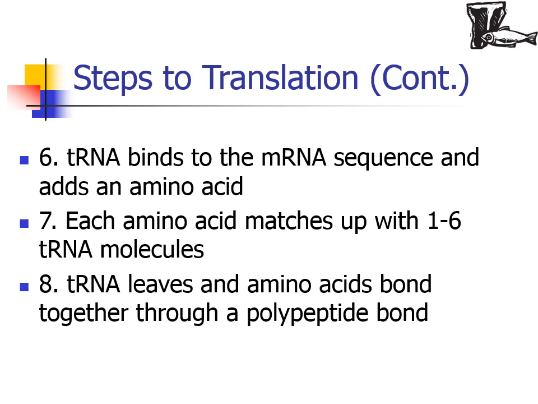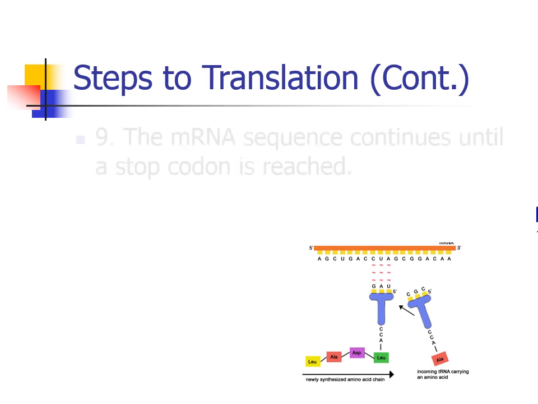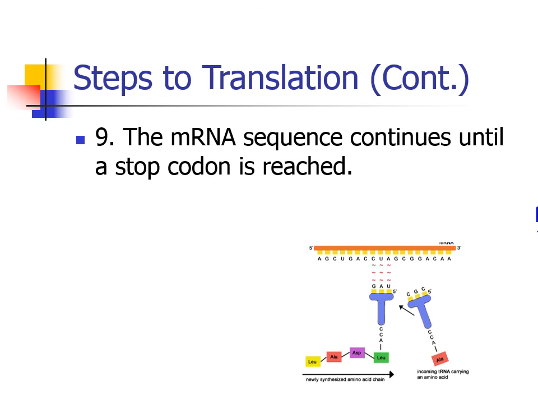After the base pairing occurs and the amino acid is added to the growing chain, the tRNA will leave and go off in search for another amino acid to bind, and the amino acids that are left in the ribosome will then be joined together through a polypeptide bond. The ribosome will continue to read the mRNA sequence until it reaches something known as a stop codon.